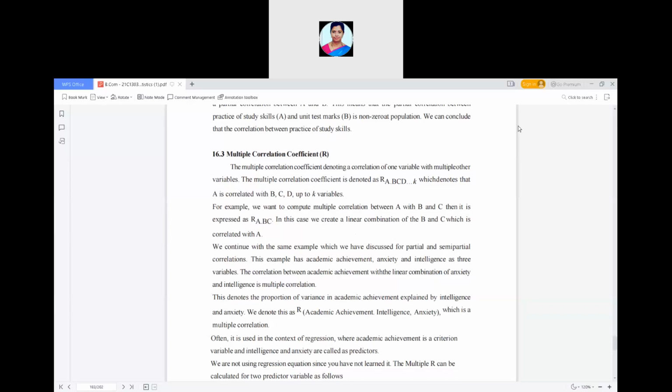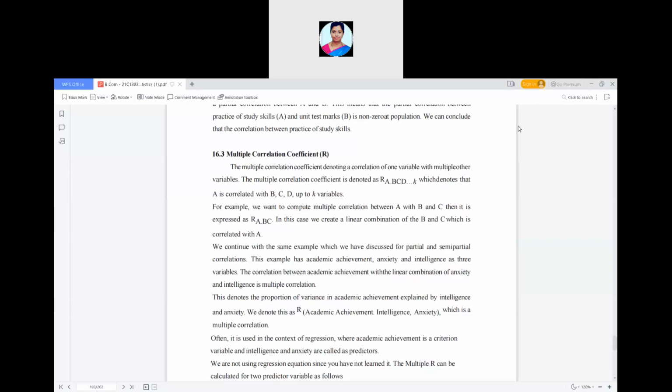For example, the multiple correlation between A with B and C is represented by R A dot BC. In this case, we create a linear combination of B and C which is correlated with A.